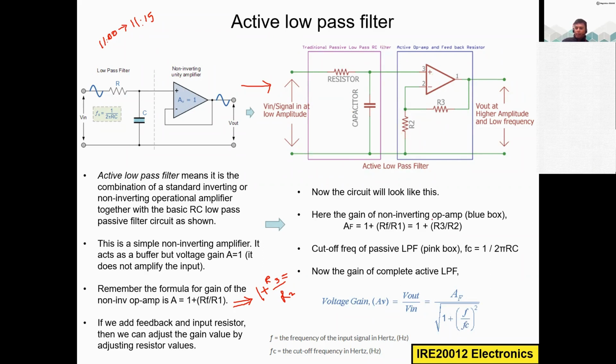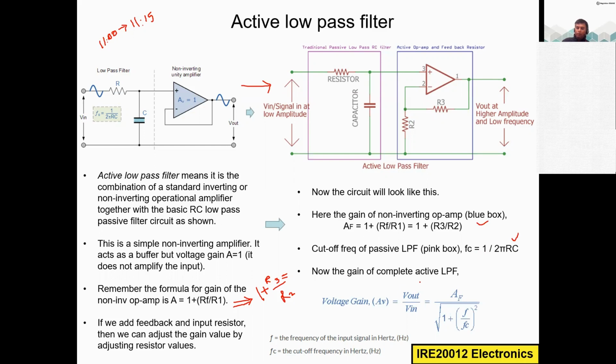Here the gain of the non-inverting op amp is 1 plus RF divided by R1, so in this case R3 divided by R2. And we know the cutoff frequency of this simple passive low pass filter, FC, is equal to 1 divided by 2 pi RC. So there is no change.